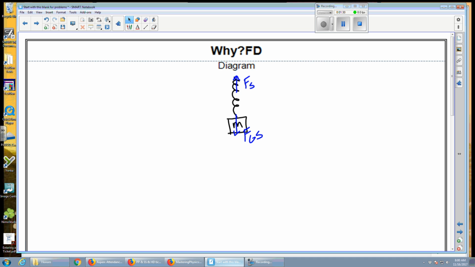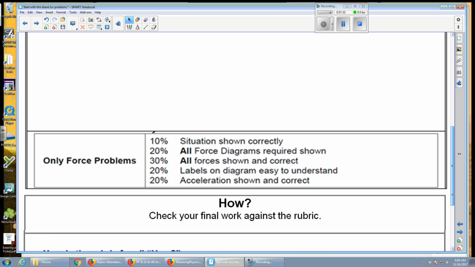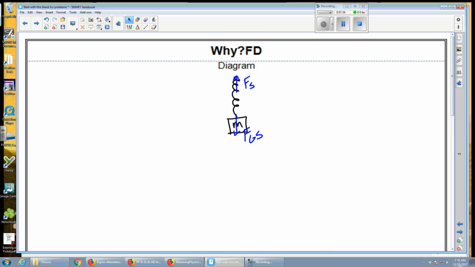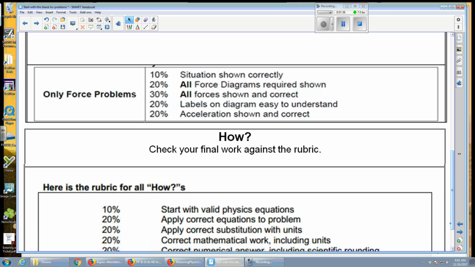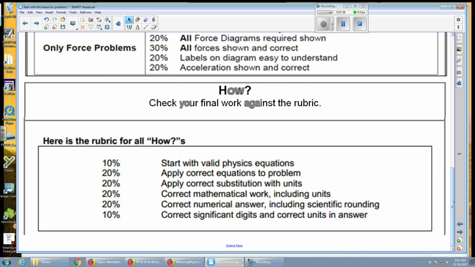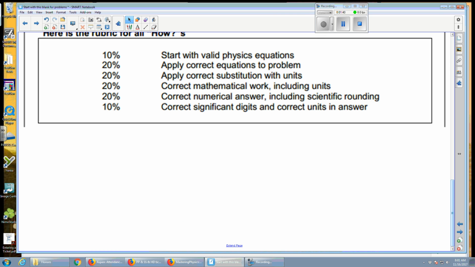Okay, so we'll go down to the how. From my equation sheet, I know that equation. I'm going to start off with the sum of my forces add up to 0.